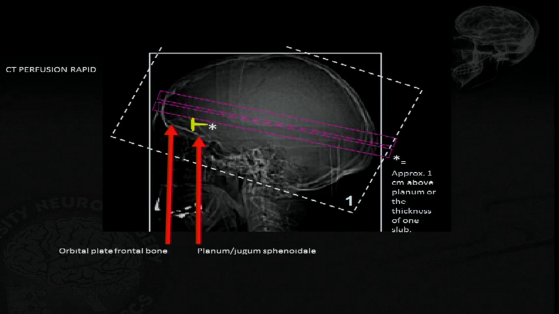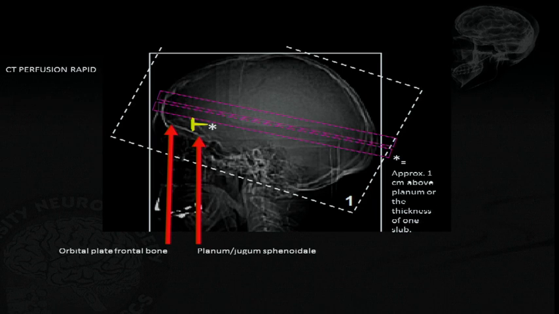So you're going to look at that CTA, decide if you have a large vessel occlusion, and if you do, then you tell the tech to go ahead and do the CT perfusion. This is your slab placement, okay? We have a 64 slice scanner, and that requires that we do 2 CT perfusions, so 2 slabs: the bottom slab and the top slab.